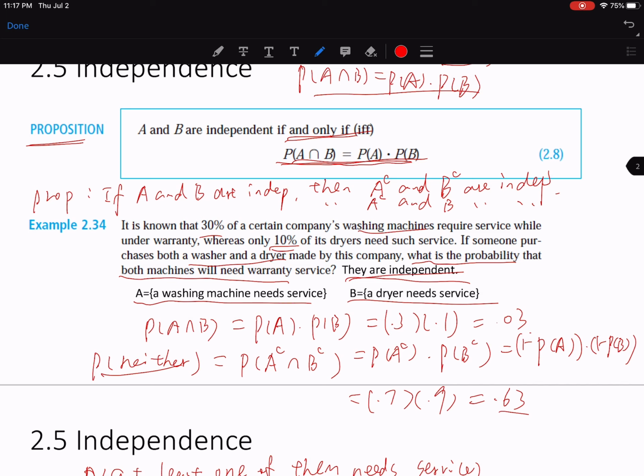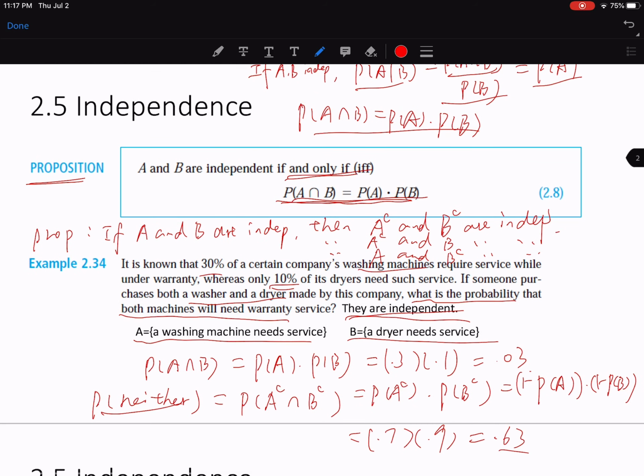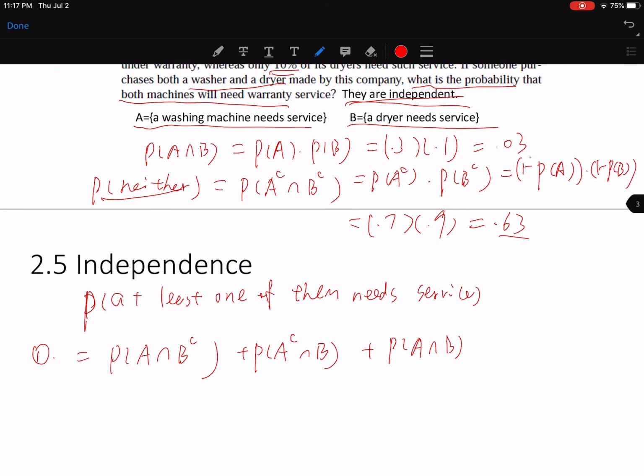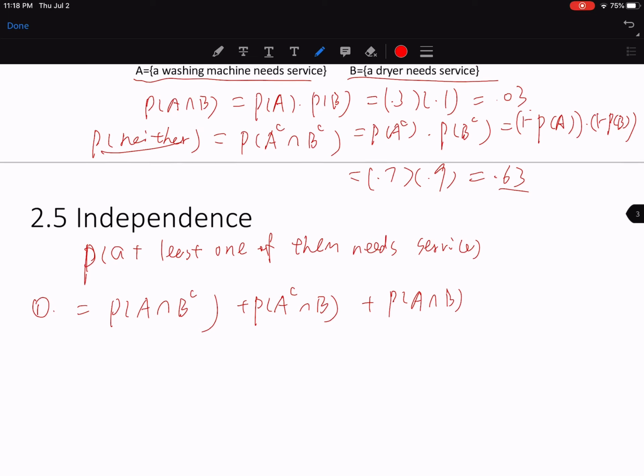And the third one is if A and B are independent, then A and B complement are independent as well. So we're going to have three conclusions over here. That's three different cases.